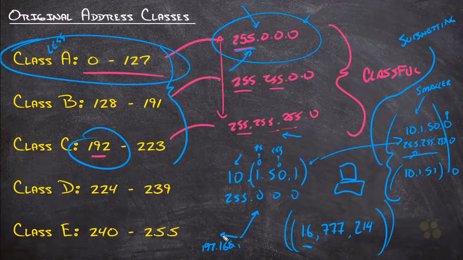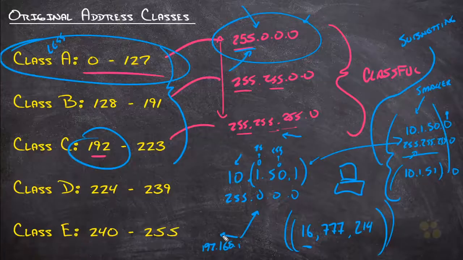I twitched even as I say that, because you can't do that. You can't go back beyond what the original standard is. Would it work? I don't even know. You just wouldn't, right? Subnetting is going further. It's taking those subnet masks and making them more specific, taking a larger network and breaking it down further.